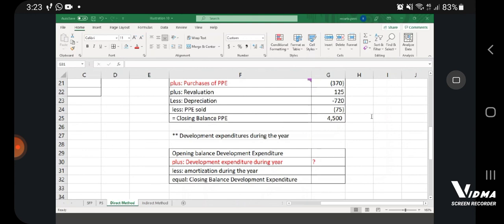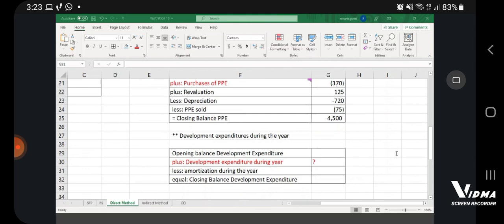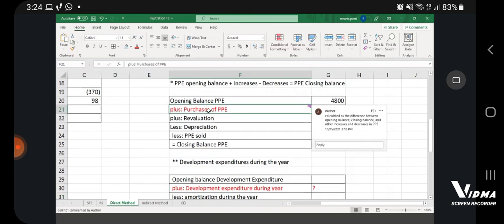So if you make that with a plus over here, I'm answering to Ivan, but also to the others. If you make 370 with a plus, because it is an increase in property, plant, and equipment, it will be 4,500. For these formulas only over here, remember that we are adding purchases.